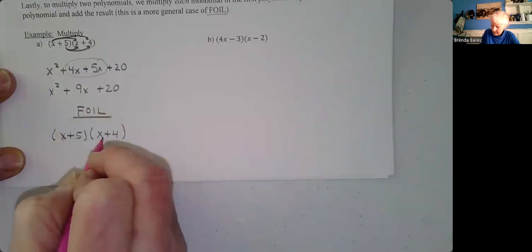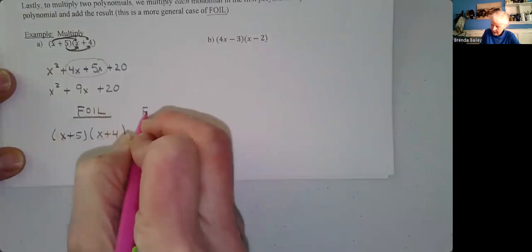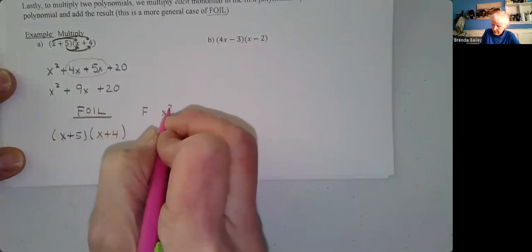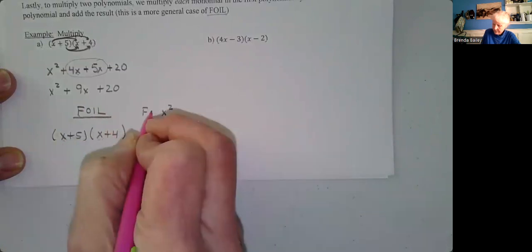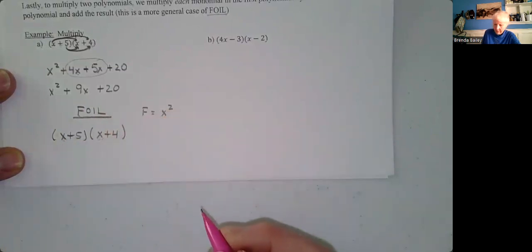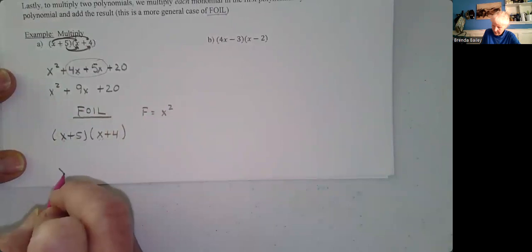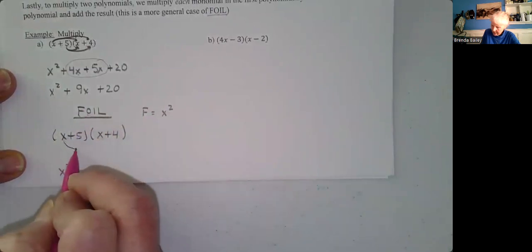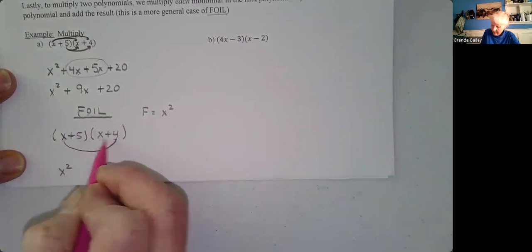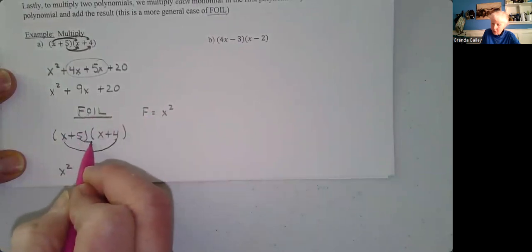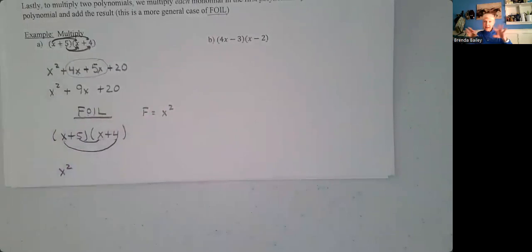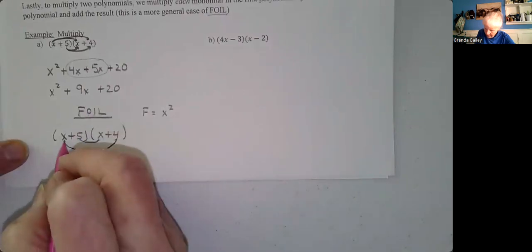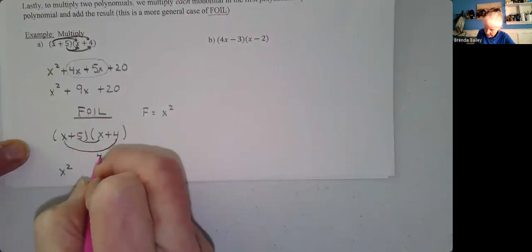So our F is going to be x squared. I'll put it down here too. The O is the outside. The I is the inside, and you multiply those little smiley faces. Some people do rainbows. Maybe you've heard of those. The O is 4x. 4 times x is 4x.